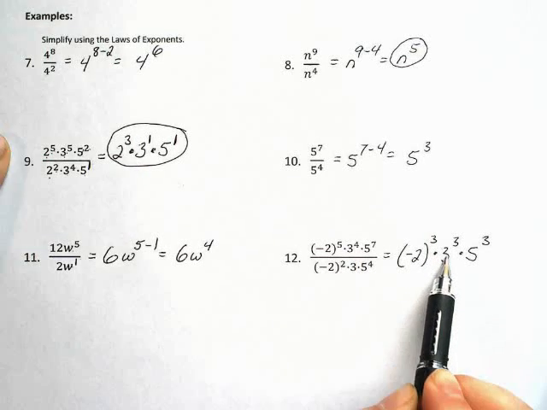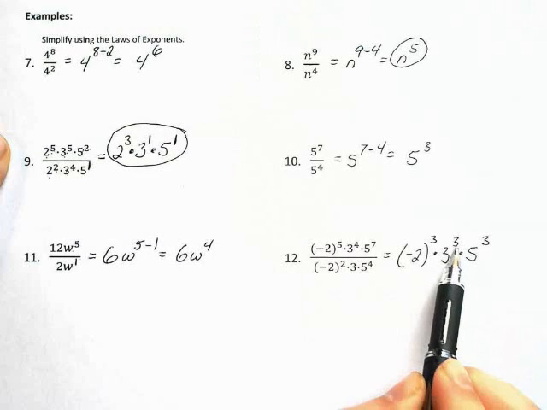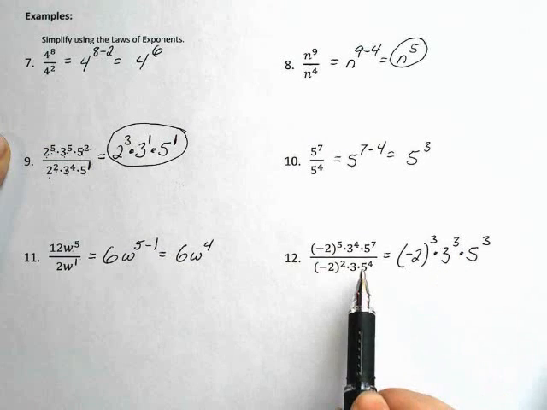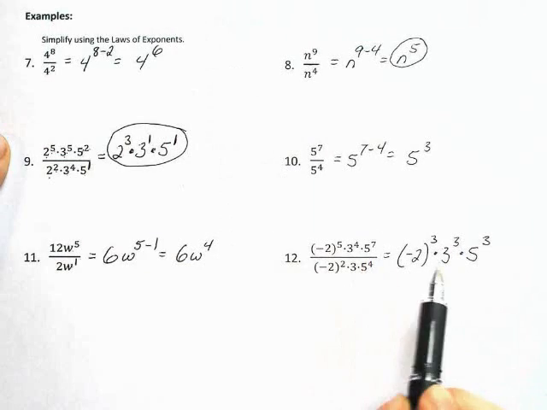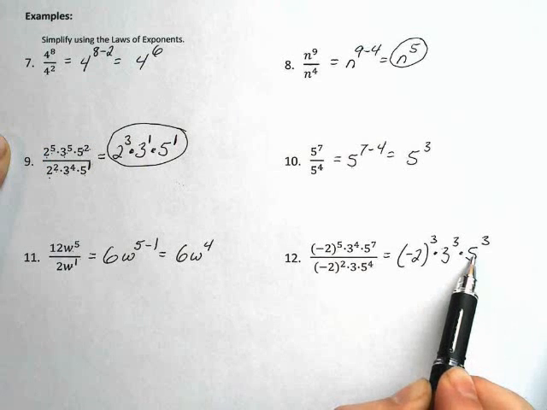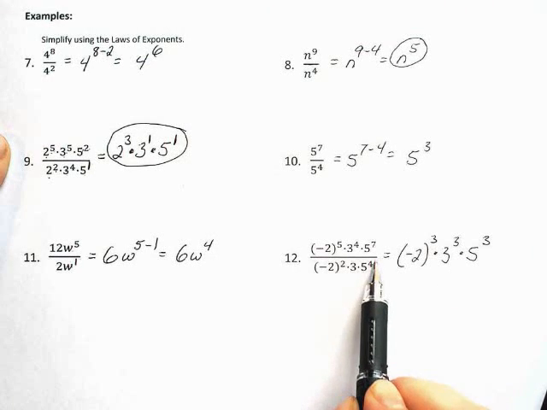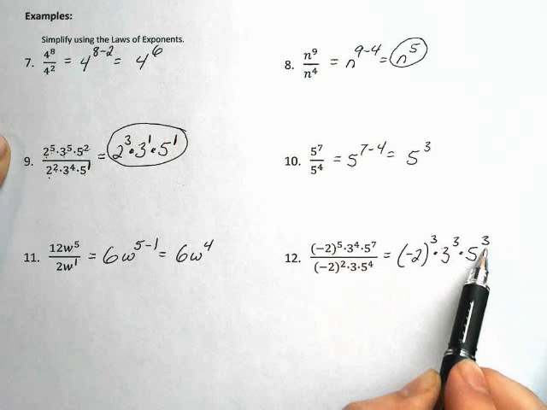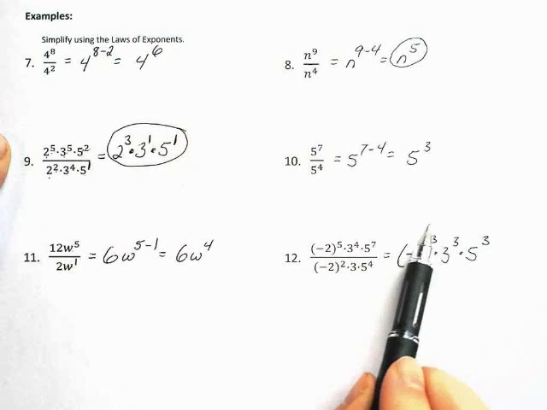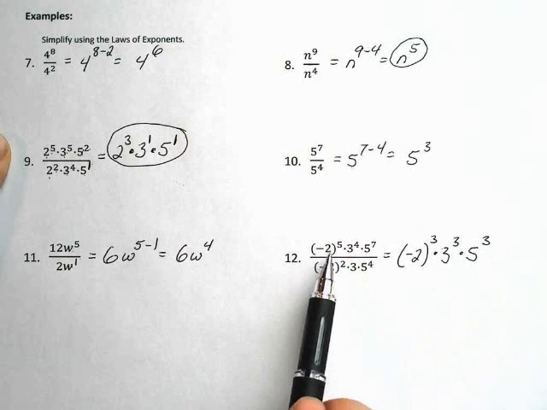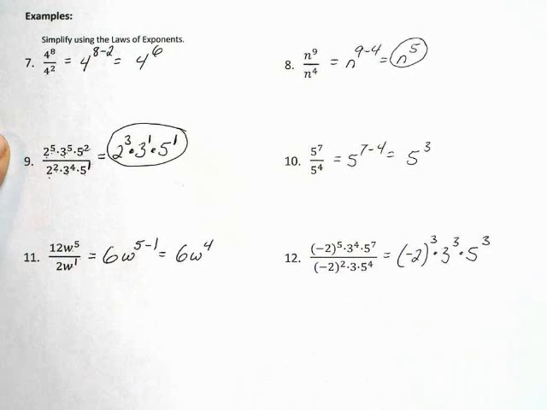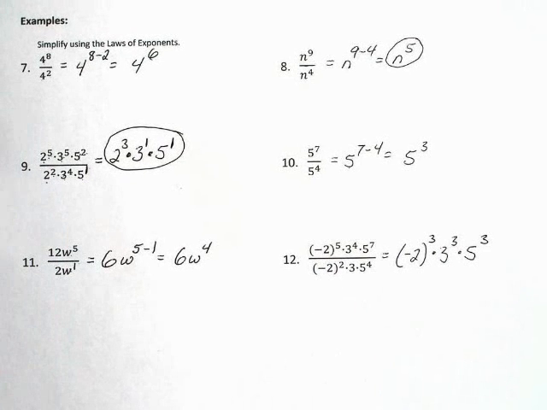So times 3, and figure out the exponent on the 3. And then there's a base of 5. So times 5, and use subtraction of the exponents to get the exponent on the 5. And so this product is the answer to this division problem when you simplify it using the law of exponents.